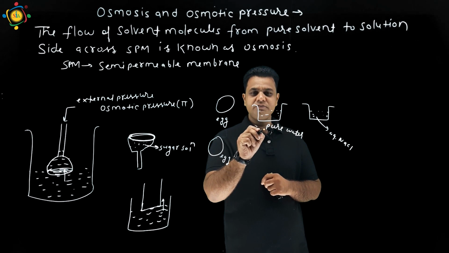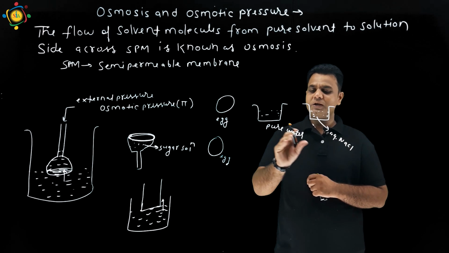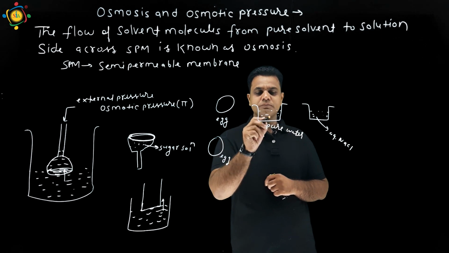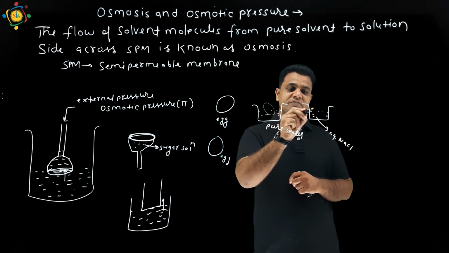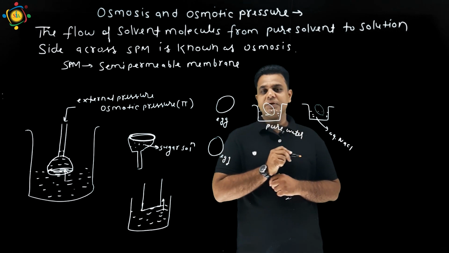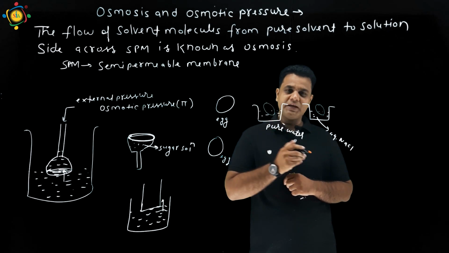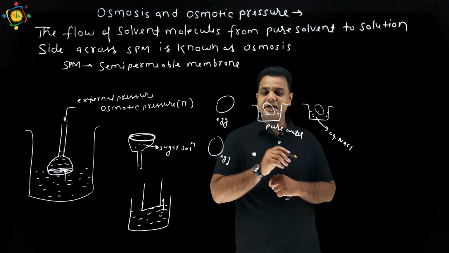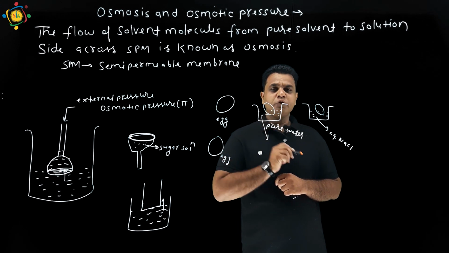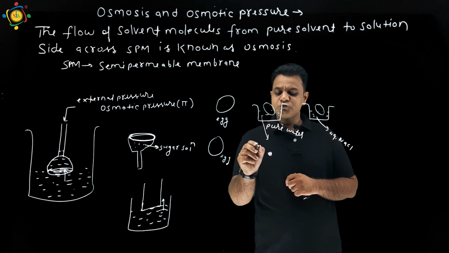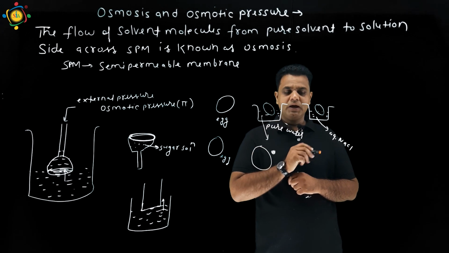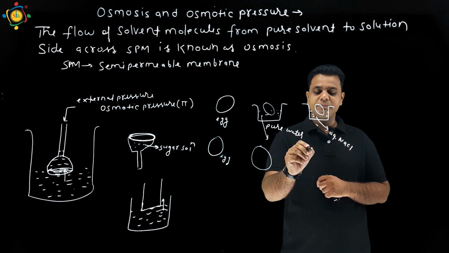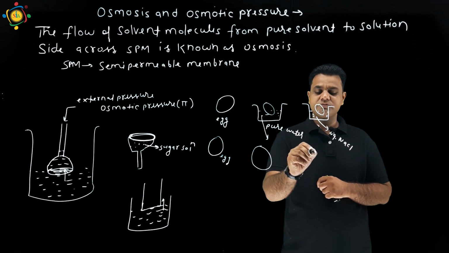After placing these eggs in two different beakers, after some time we observe the changes on the egg: in case of pure water, the egg swells up, and in the beaker containing aqueous sodium chloride solution, after some time the egg shrinks.